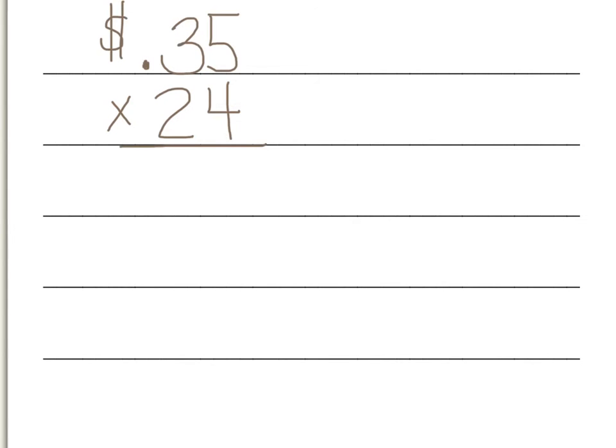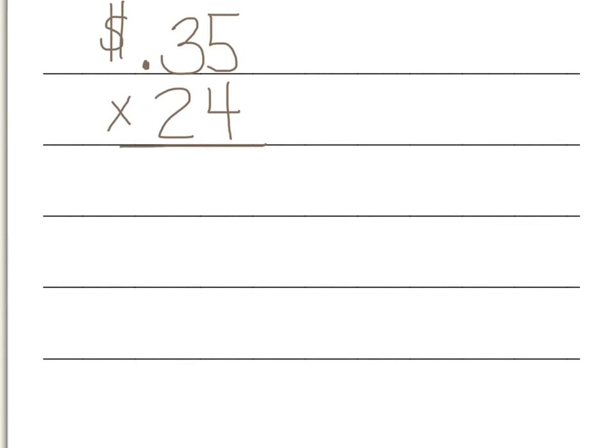Another example the book gives you is at 35 cents each, what is the cost of 2 dozen pencils? Well, I would start at 35 cents each. 35 cents. You want to put your decimal in there just to make sure you don't forget it. And you're buying 2 dozen pencils, which is actually 24 pencils. So 24 pencils at 35 cents each is what total?